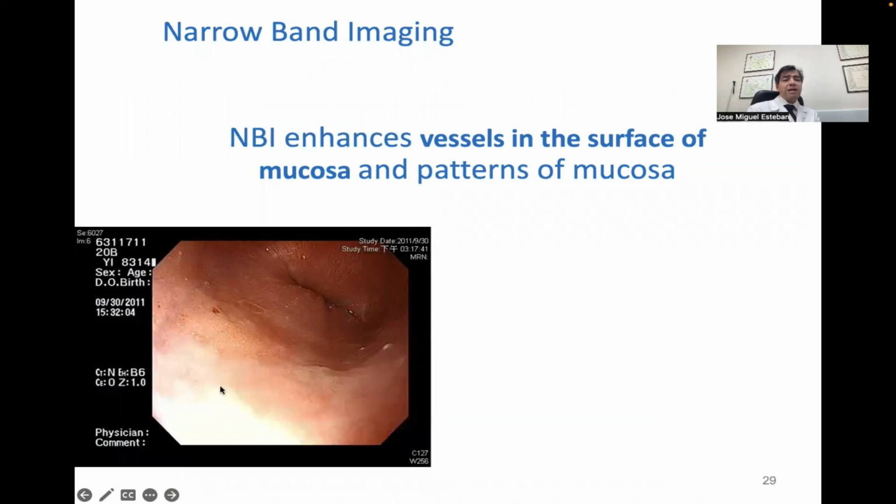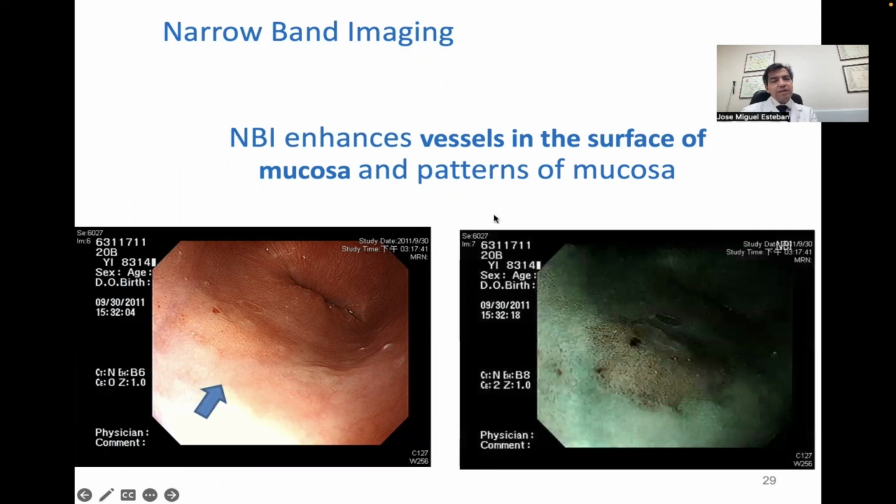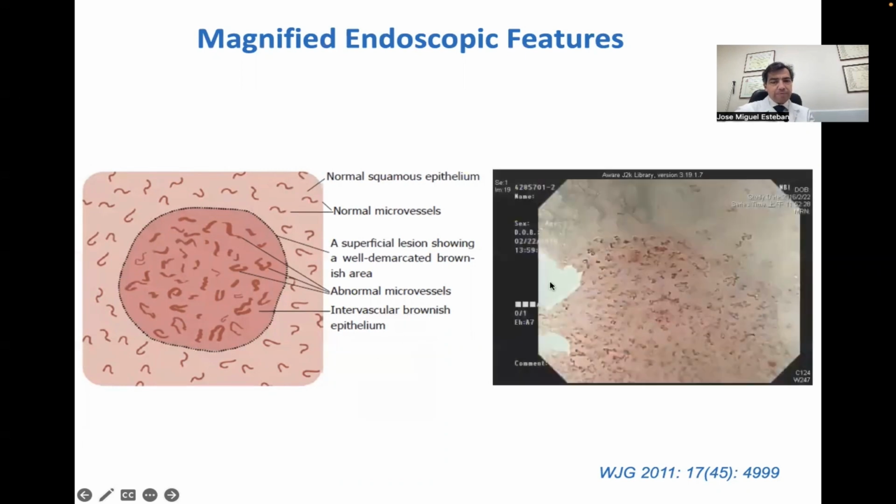So with the NBI, you will see the vessels of this mucosa and the patterns, where they will detect irregularity, and you will see the dysplastic areas. But the most important thing will be the magnified endoscopic features. Like this, you will see normal microvessels in the normal squamous epithelium, but also some areas with brownish epithelium and then normal microvessels, brownish epithelium intervascular.